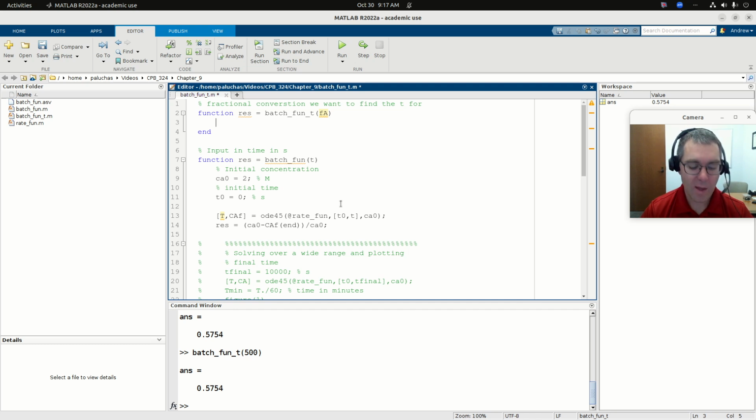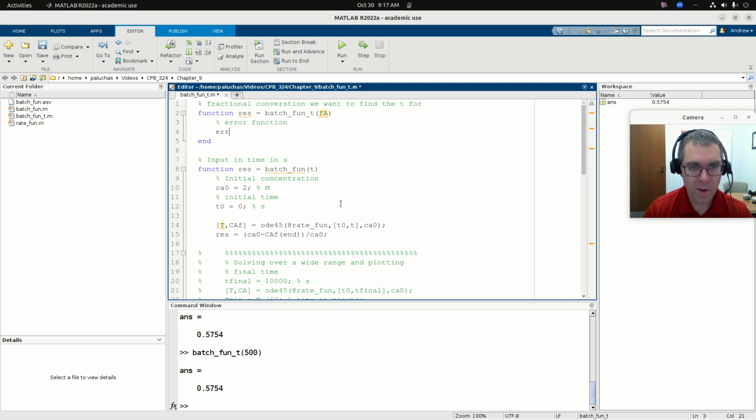How I'm going to achieve that is I'm just going to create an anonymous function. And so my error function, okay, is going to have as an input what am I trying to solve for? T.